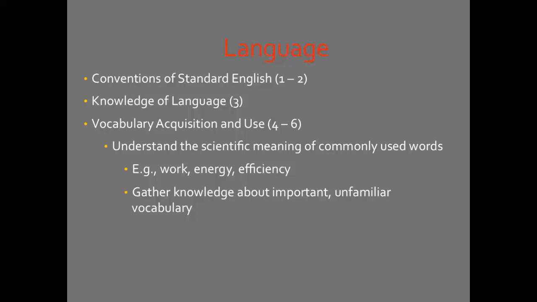So helping students to understand the scientific meaning of these words. And this has been something that I've found in my own research that can be difficult, at least for middle school students. Also, being able to gather knowledge about important, unfamiliar vocabulary. So if I don't know what a term means, how do I go about finding out what it means and how it's being used in this context?